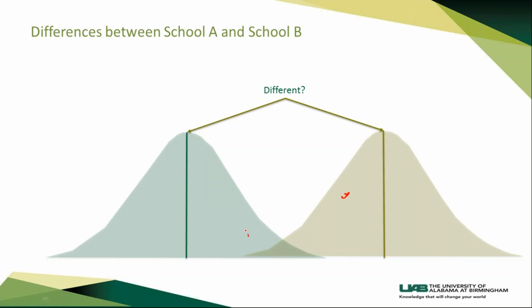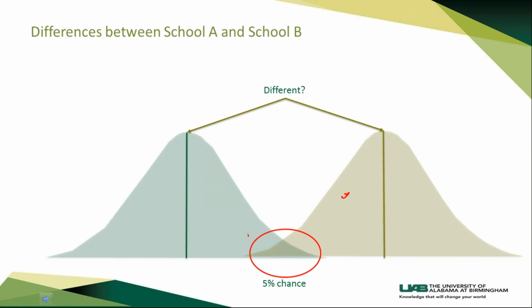So one way to picture it is that if they're this far apart, and again, this is a visual representation, we only want a 5% chance of being wrong here. Or in other words, we only want 5% overlap of these distributions. So going back to your lecture, that's where the whole idea of alpha equals 0.05 comes from.